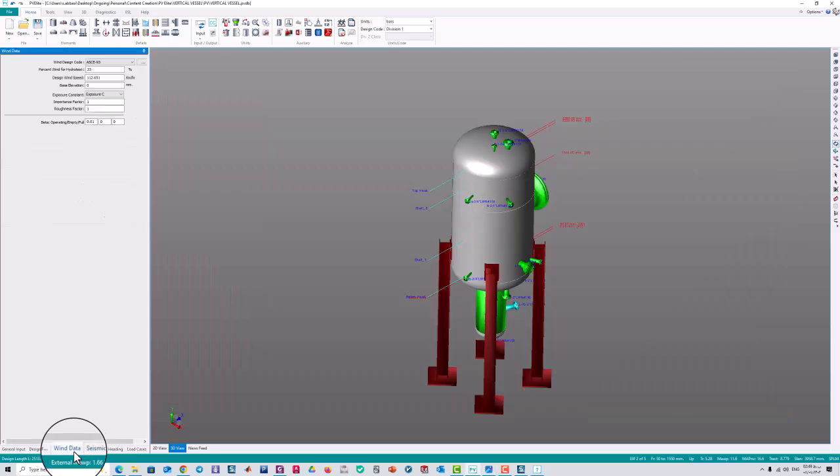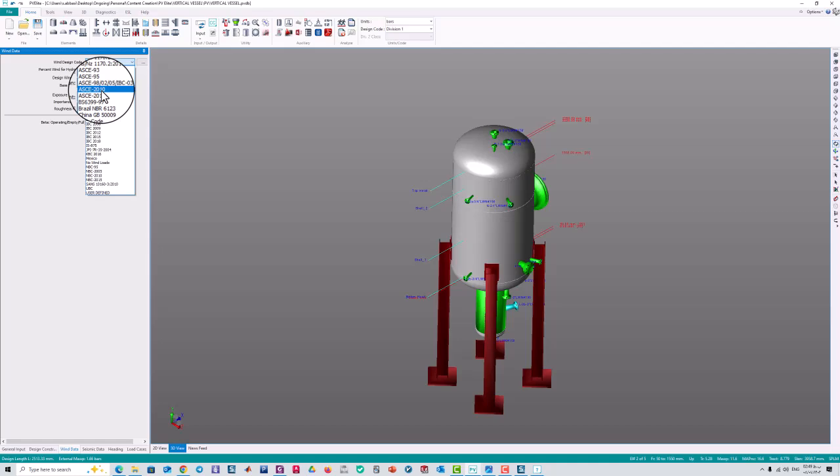These coefficients shall be given by the civil engineering department.